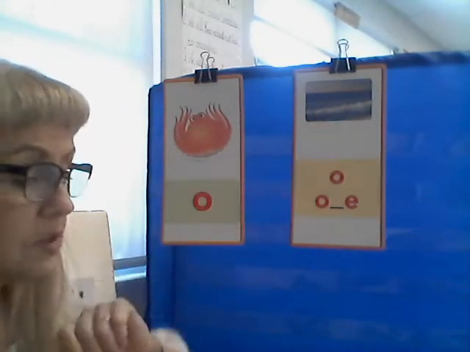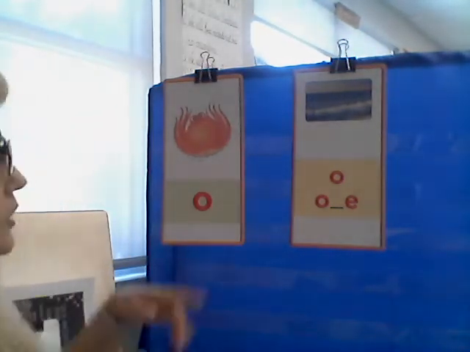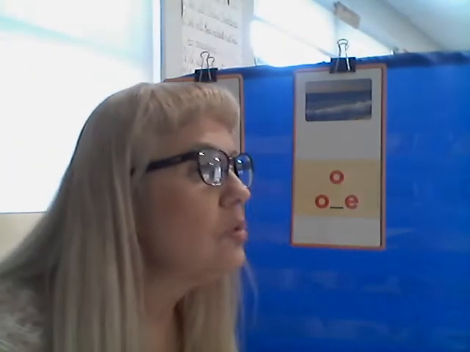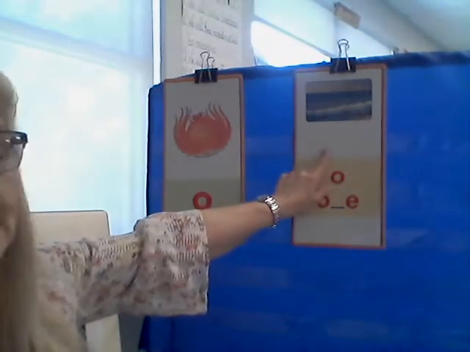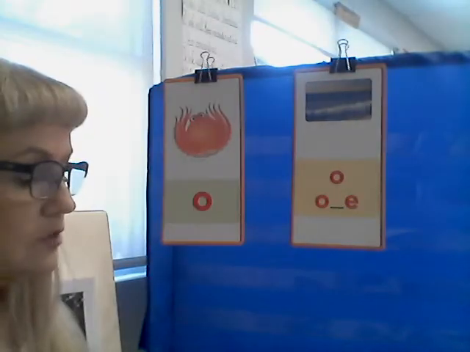So I'm going to say some words. If you hear the short o sound, I want you to point and say ah. If you hear the O sound, I want you to point and say O. All right? Okay, so here we go.